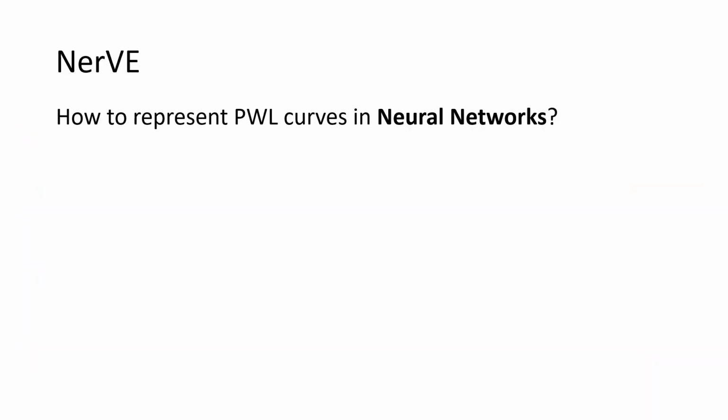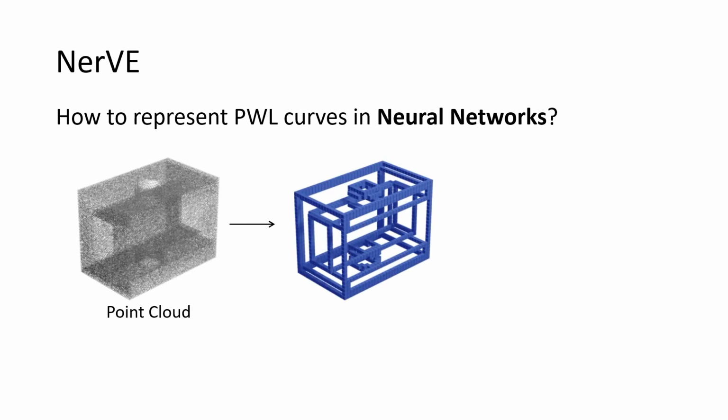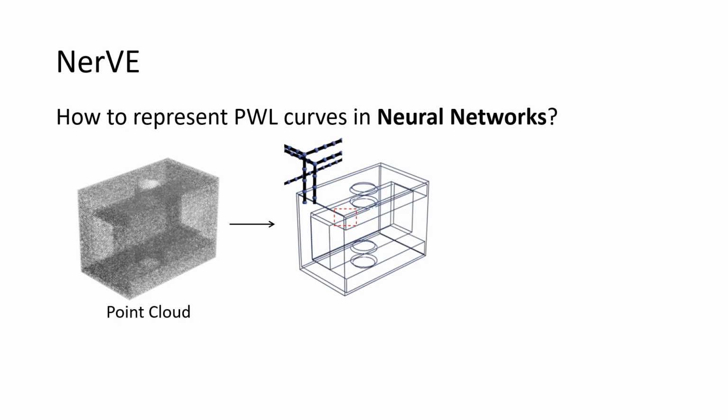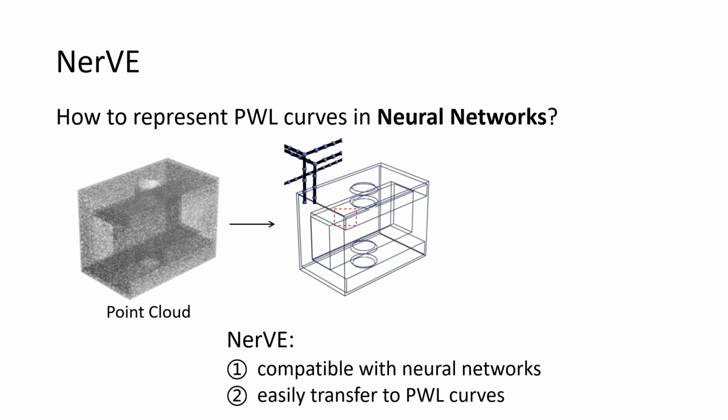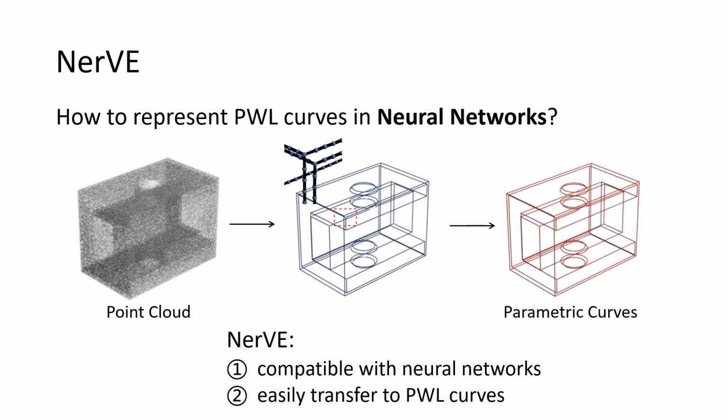But it is not easy to represent a general piecewise linear curve in a learning framework, due to the high freedom nature of PWL curves. Here, we propose NerVE, a neural volumetric edge representation, fully compatible with a 3D learning framework and can easily transfer to PWL curves. Based on the predicted PWL curves, the parametric extraction process can be done efficiently and accurately.